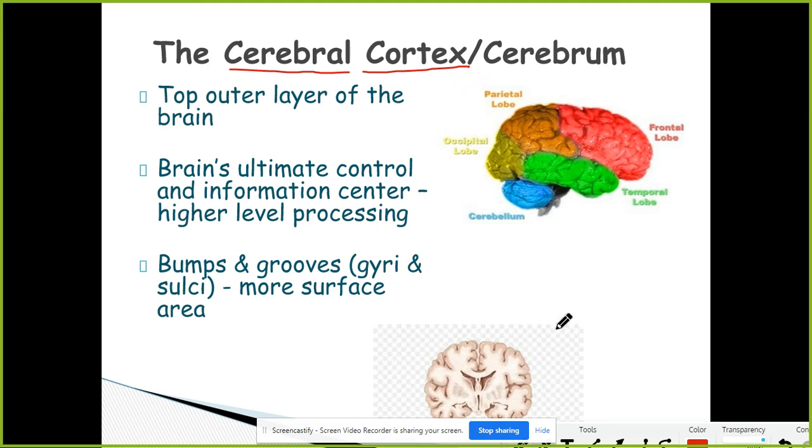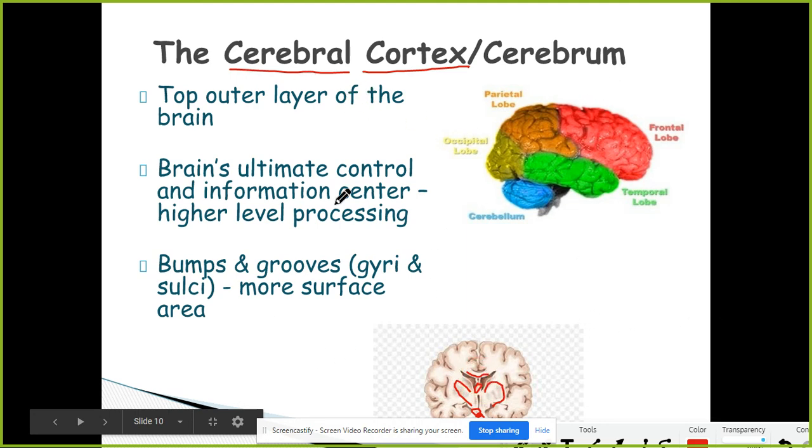This is the top layer of the brain here, the wrinkly area. You can see it here. It's made up of what's called gray matter and then white matter on the inside. And then like, here's the limbic system right in here. And then here's the brain stem right there. And then right there's what's called the corpus callosum. And then there's the thalamus right there.